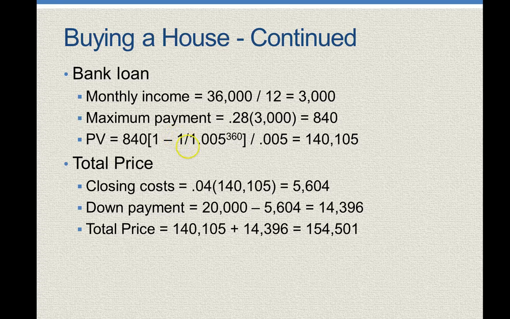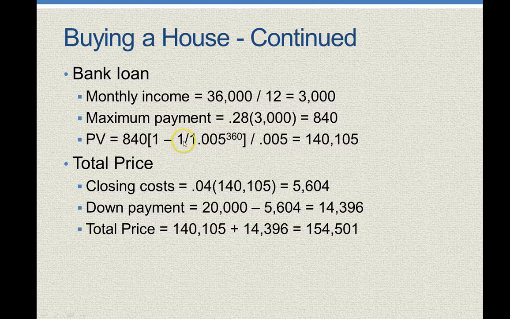So from that, we can just plug in the formula. This is the payment, 840, times 1 minus 1 over 1 plus the interest rate. Again, here we have to work with the monthly interest rate, which is 0.5%, so that's 0.005. So 1 plus that becomes 1.005, and then raised to the power of, here we have 1 over that, so the power here needs to be positive.